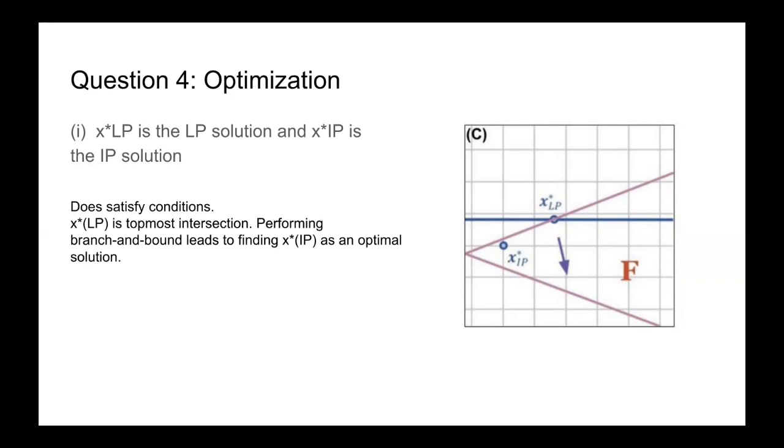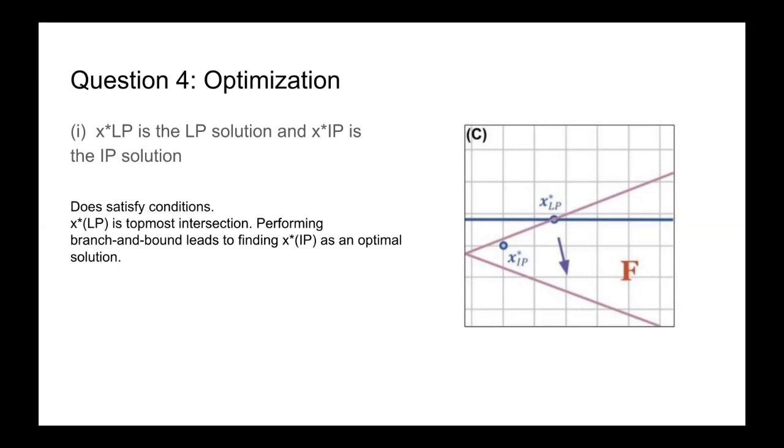We first observe that X star of LP is the topmost intersection. The top is the dimension we want to minimize the most, because our cost vector is pointing mostly downwards. So the topmost solution would lead us to the minimal objective value in terms of the LP solutions.